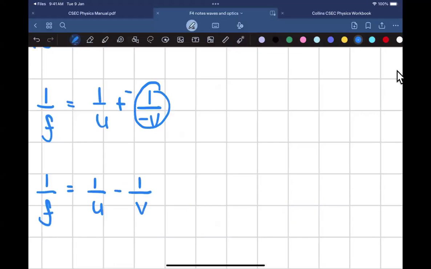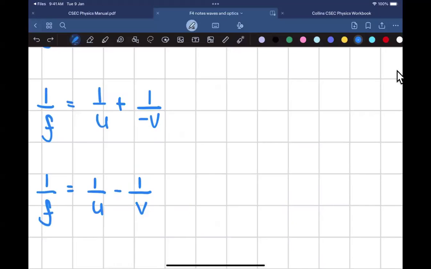Why does it turn into a negative? Because it's a positive divided by a negative. Correct. And a positive multiplied by a negative is a negative. That's why I end up with negative 1 over v.